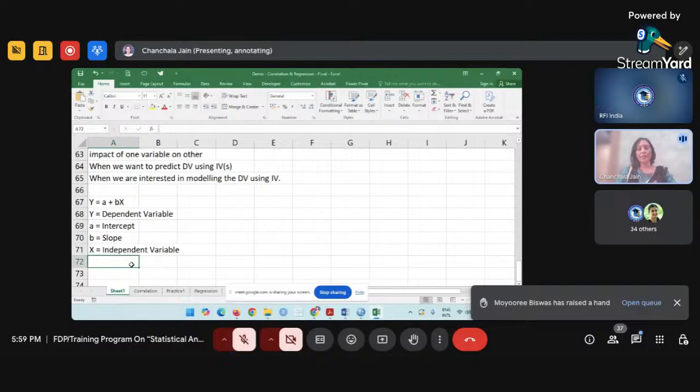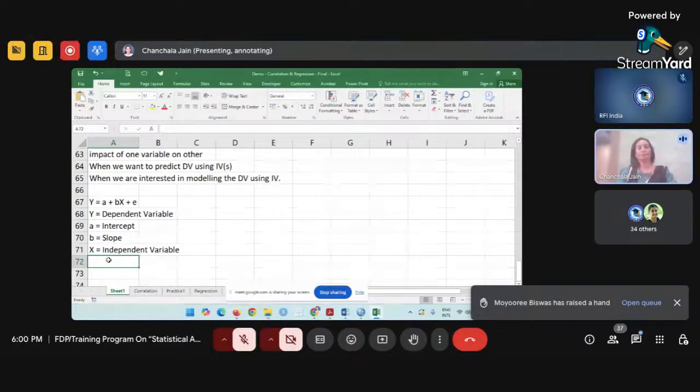I think every one of us has studied this equation during our school days. Yes or no? Okay. So here, when I talk about regression, and when I talk about statistics, in statistics the equation is a little different. This is the mathematical equation. In statistics, there is one more term we use on the right side, which is known as epsilon, or e, right?